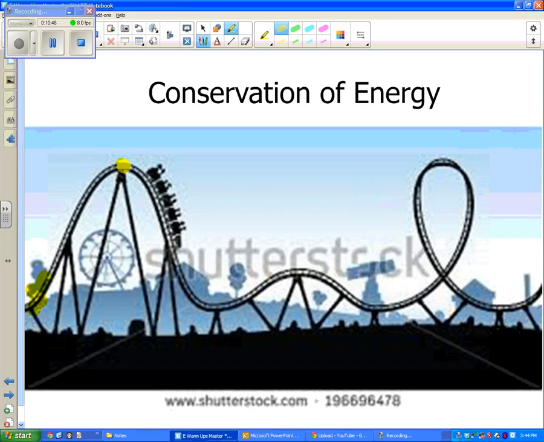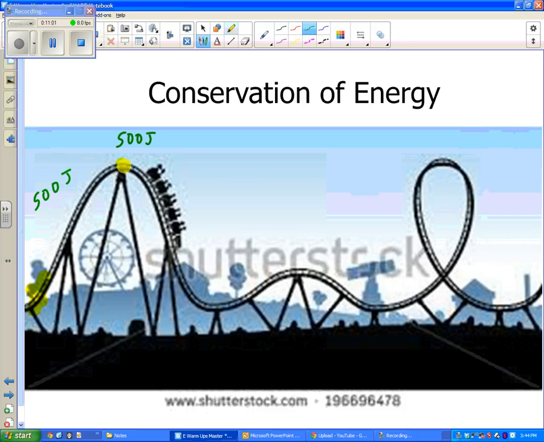Once it's at the top, it now has potential energy. It is stored at the top. And if it took 500 joules of work to get it to the top, at the top it would have 500 joules. As it goes down, once it hits this point here at the bottom, it's moving. It would have kinetic energy, and it would be 500 joules.